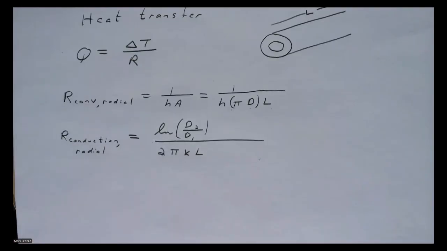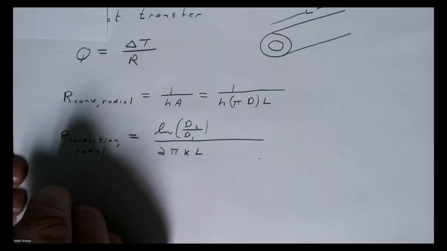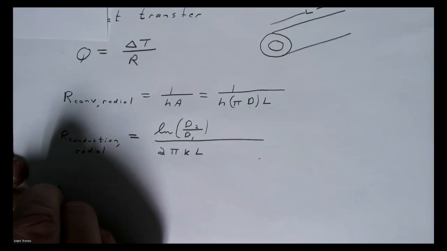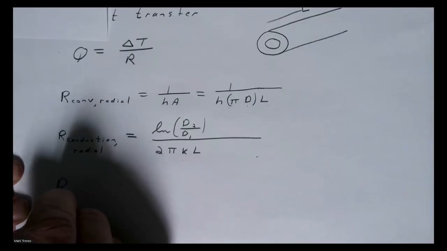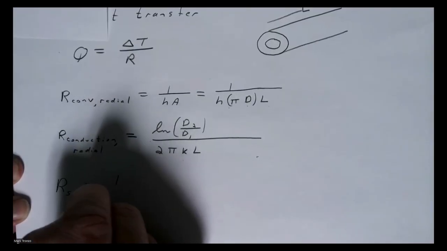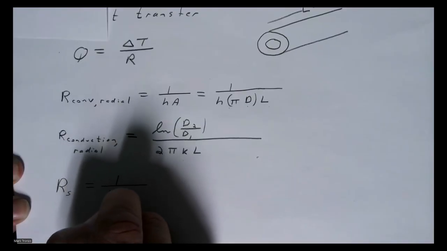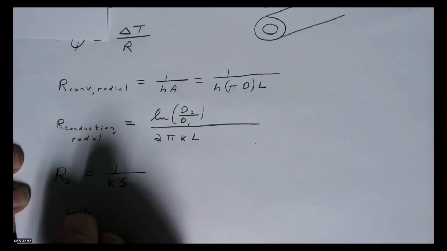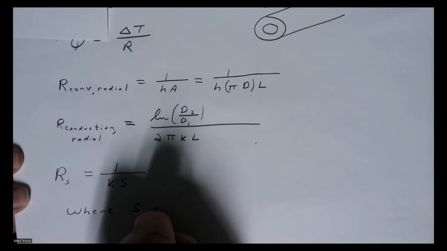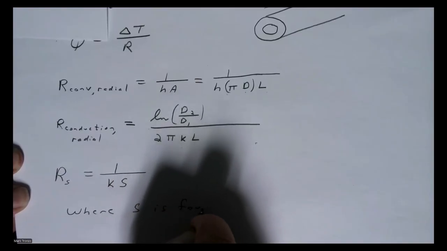And so we're going to be using that. And then also, we're going to need to calculate what's called our shape factor. And we'll look at that in a minute. So for certain objects, we're going to have, and let me just call that RS for times we have to use shape factor, it's going to be 1 over the thermal conductivity times S, where S is found in our table.